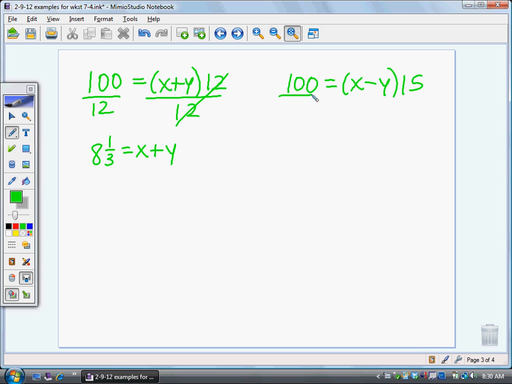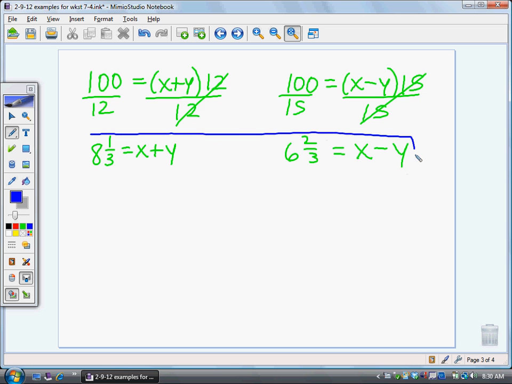And on this side, you're going to divide by 15, and those are going to cancel out, and you're going to get 6 2/3 is equal to x minus y. That's your system.